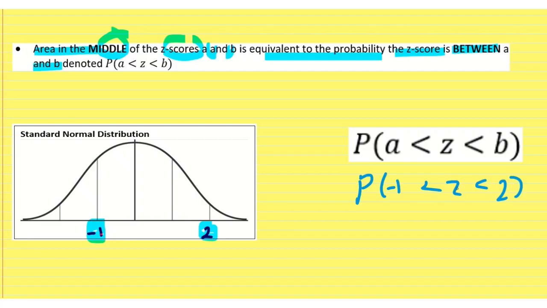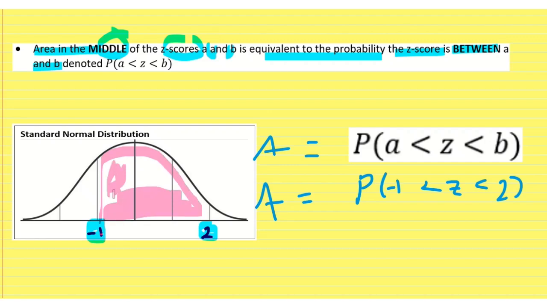So the z is going to be in between those two things. The area is going to be equal to that. So where is the area? Well, the area would be between those two things. So all of this area is going to be represented by the probability that z is between -1 and 2.